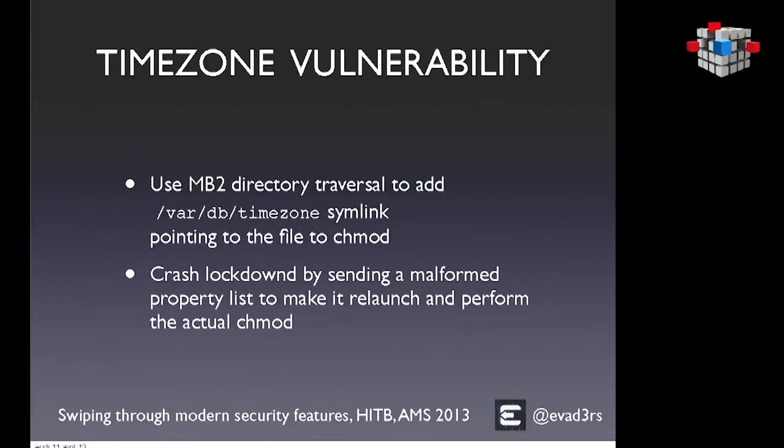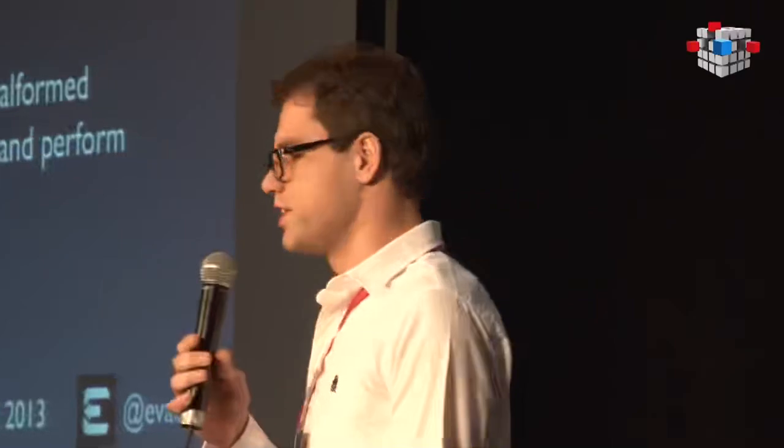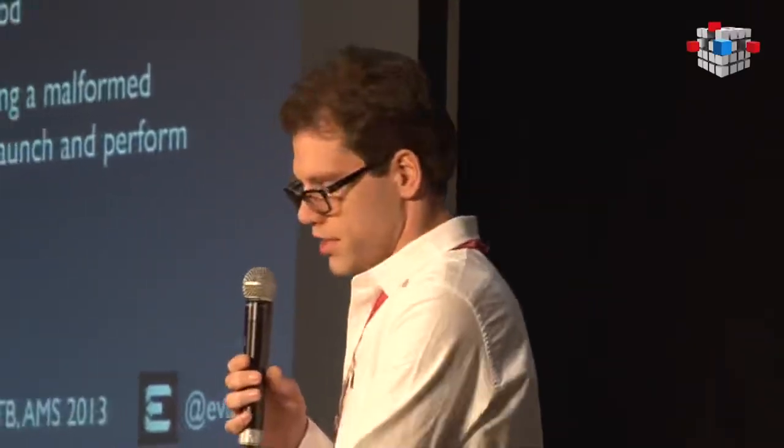But we still need to make launchd restart, but this is not hard. We just send some malformed property list, and it will crash. And because launchd is restarting lockdownd immediately, it will just execute this chmod. So now we are good, and we have changed the socket permissions, and the actual launchd command will succeed and remount the root file system.